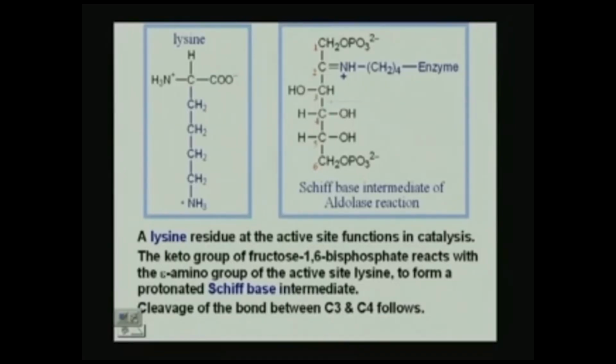The enzyme has a lysine residue that interacts, the epsilon amino group of the lysine interacts. Where is this lysine? It's in the active site of aldolase. It interacts with the keto group of fructose 1,6-bisphosphate and it breaks it up. Okay, there is cleavage between carbon atoms 3 and 4.